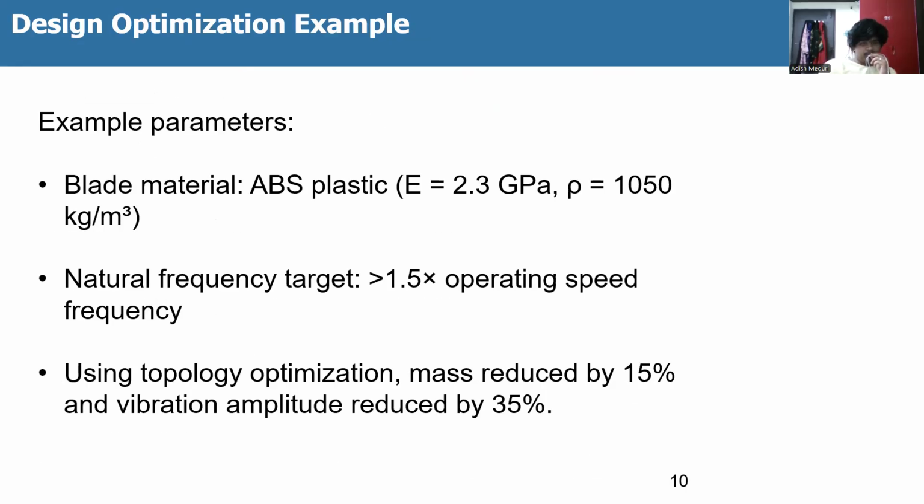Design optimization. The example here is blade material ABS plastic, E equals 2.3 GPa, rho equals 1050 kg/m³. The natural frequency target is 1.5 times the operating speed frequency.